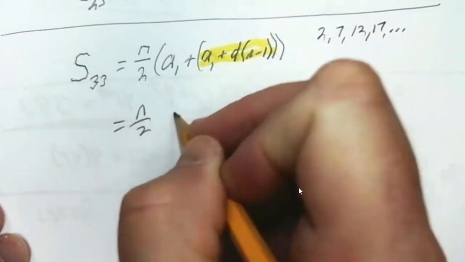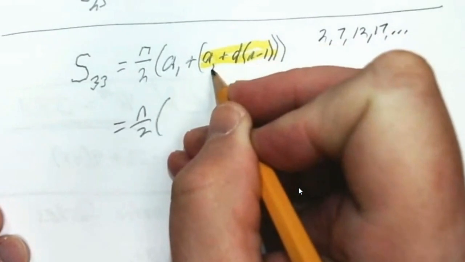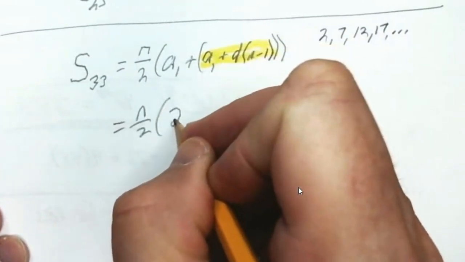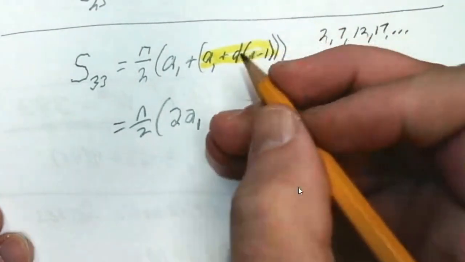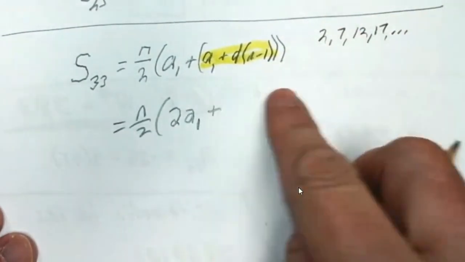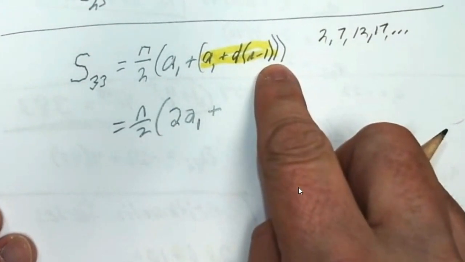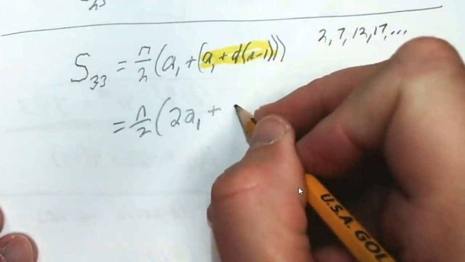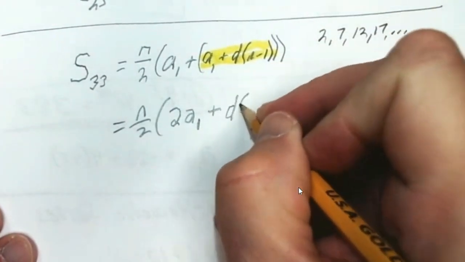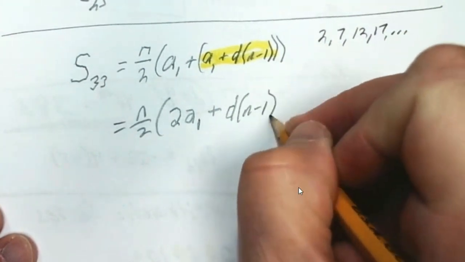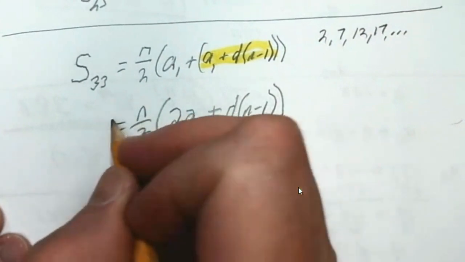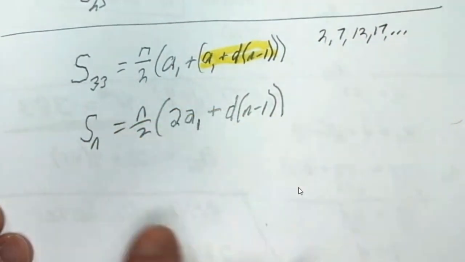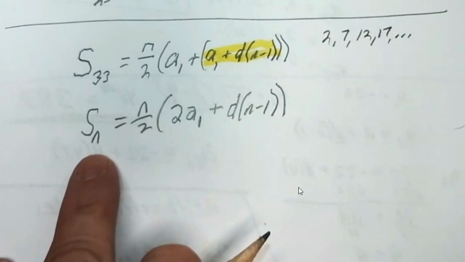N divided by 2 times a1 plus a1, so 2 times a1, plus d times n minus 1. And that'll give us basically any number if we don't know that last number.